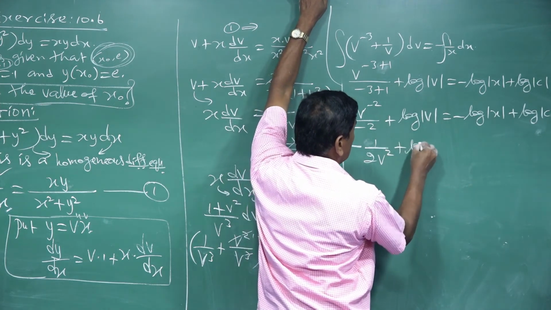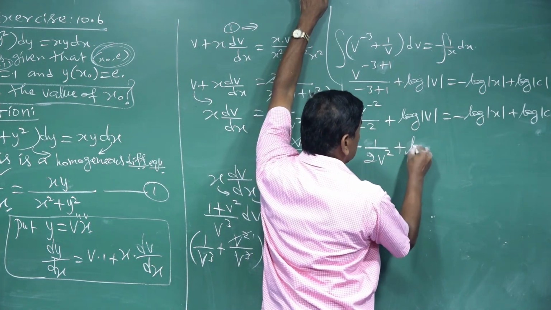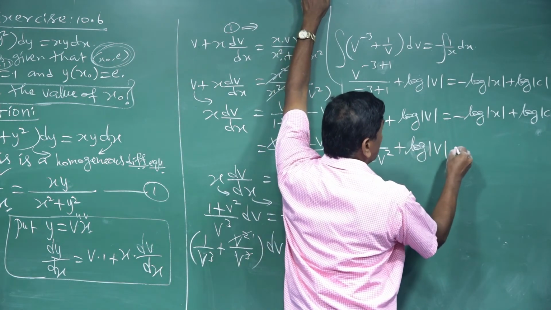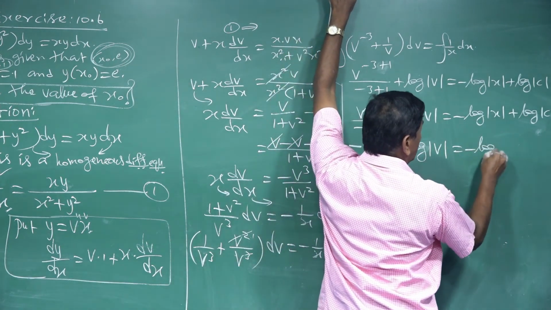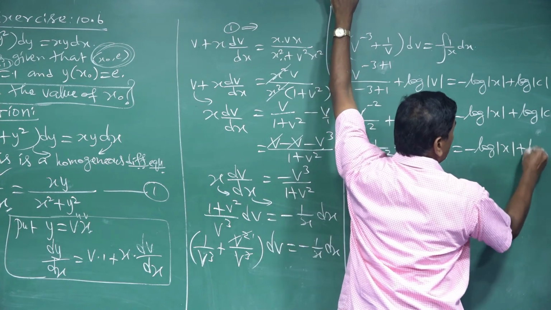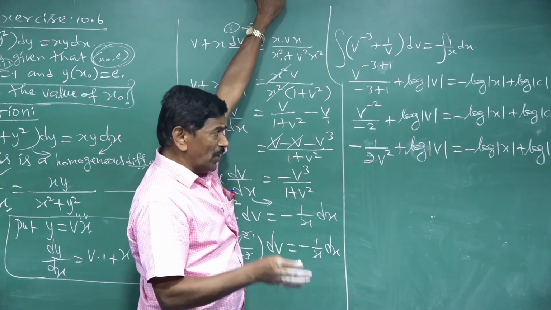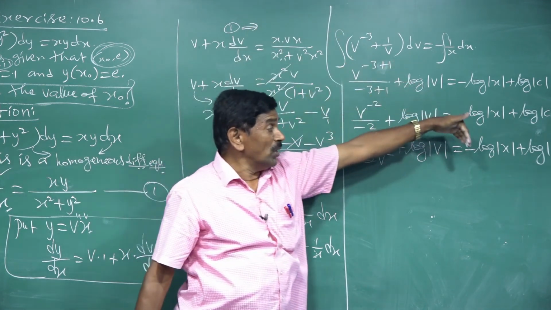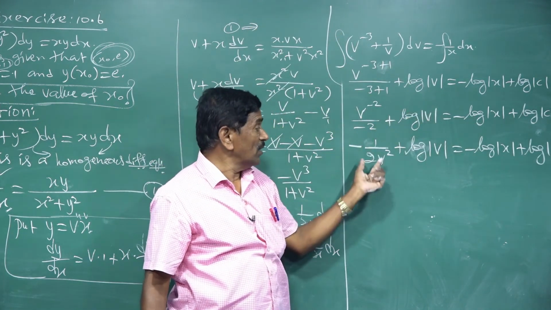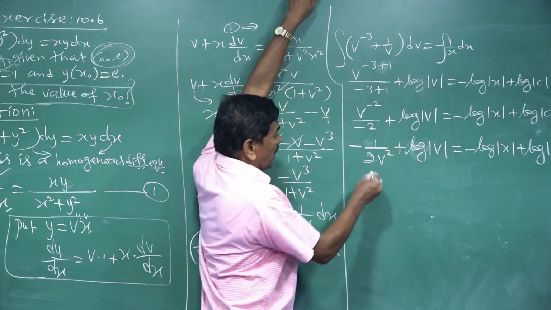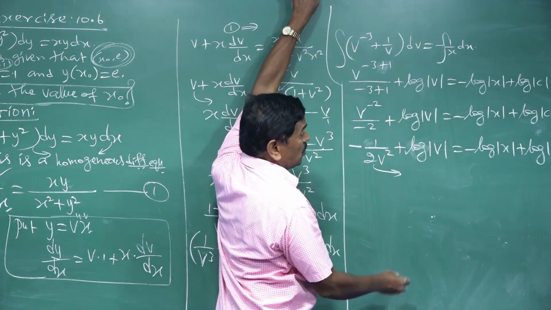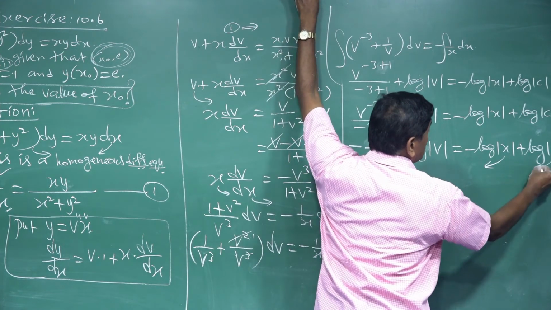So log modulus v is equal to minus log modulus x plus log modulus c. Okay, up to this correct. Now for our convenience, bring all the logarithm terms to the left and the other terms to the right. This negative goes to the right, becomes positive, and bring all the logarithmic terms to the left side.